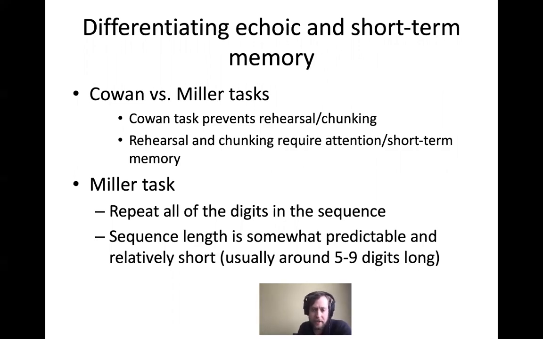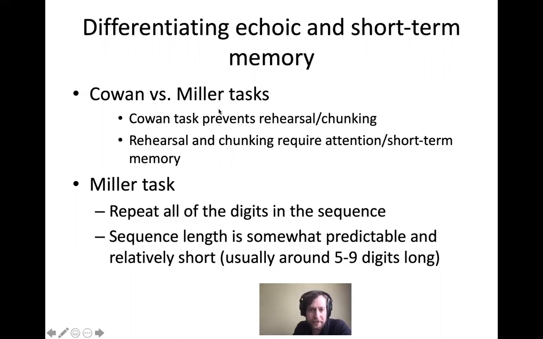Echoic memory is the part of our mind where the decay times are relatively quick. Short-term memory is the part of our mind where the decay times are relatively longer. To understand this, a good comparison is between the Cowan task, which is more of a pure measure of echoic memory, and the Miller task, also famously known as the digit span task.